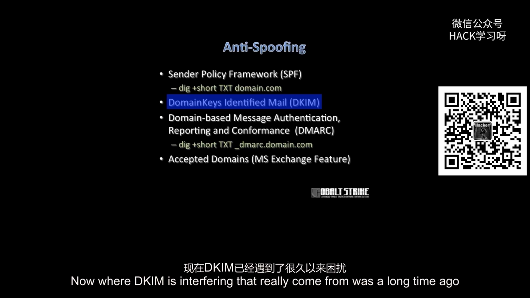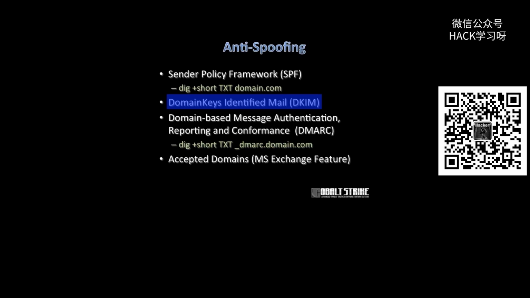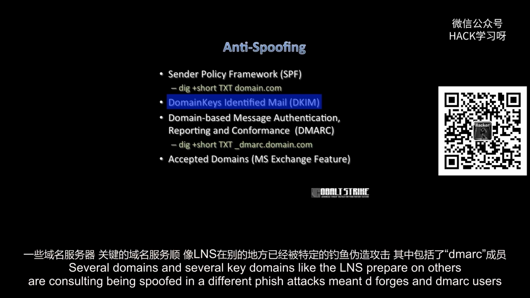Now, where DKIM is interesting, or where it really came from, was a long time ago, Yahoo, Microsoft, Google, and others got together and said, we've got a real problem. Several key domains, like the IRS, PayPal, and others, are constantly being spoofed in different phishing attacks meant to defraud these webmail users.